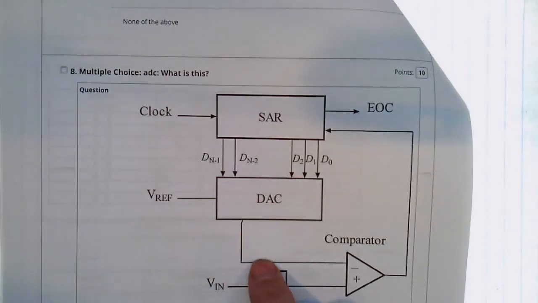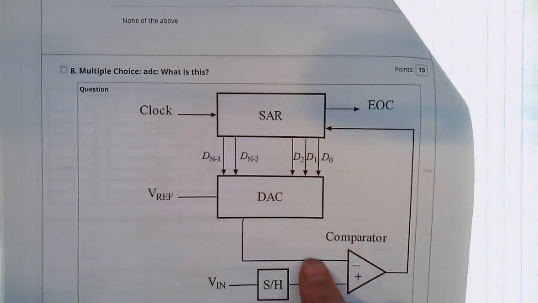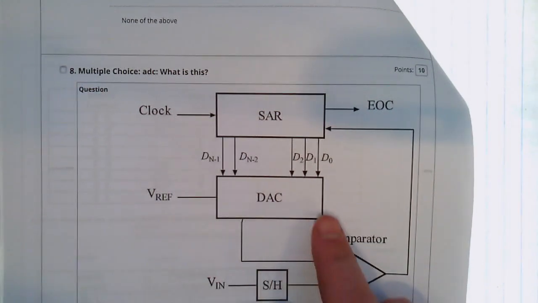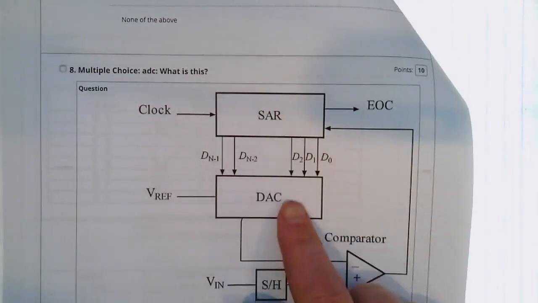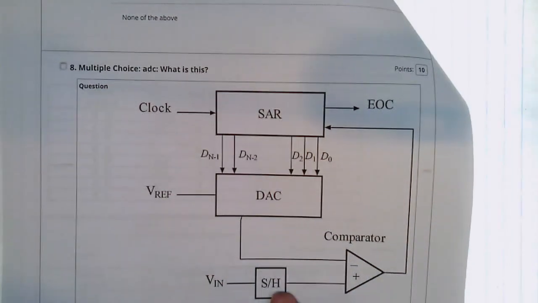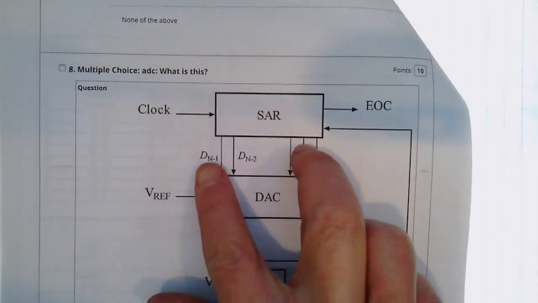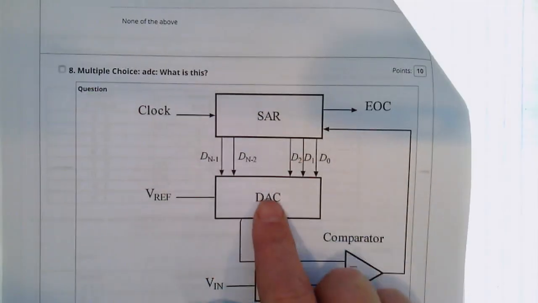And then it compares it against an input voltage which goes through a sample and hold. And when the comparator says the DAC is too low relative to the input voltage, it makes the register count up. And when the DAC is too high relative to the input voltage, it makes the DAC count down. And so this number here, this register, is an up-down counter, which is feeding the DAC.